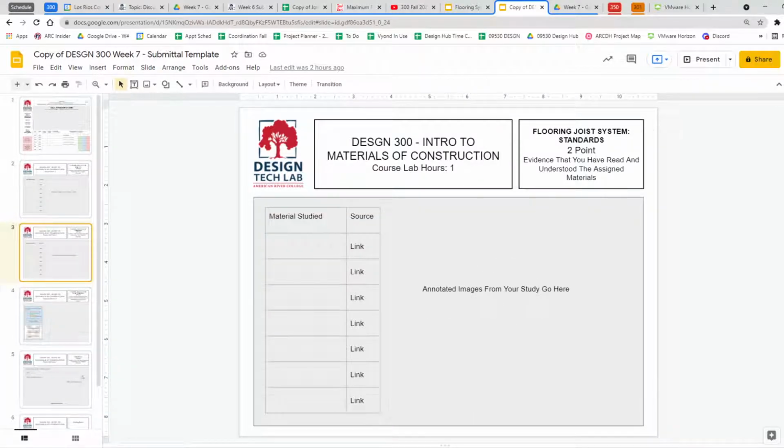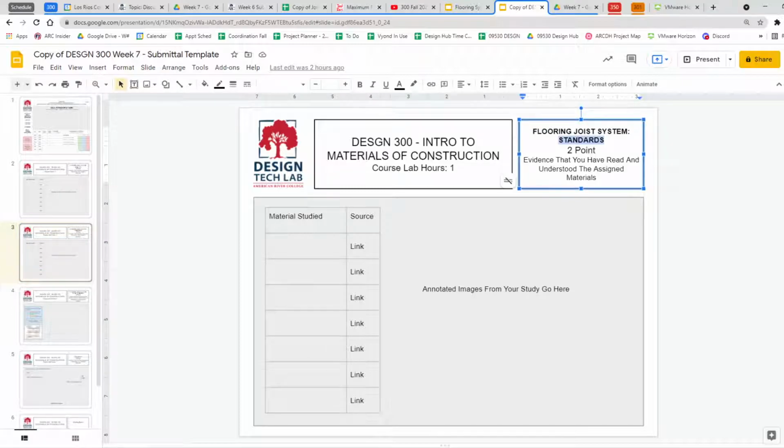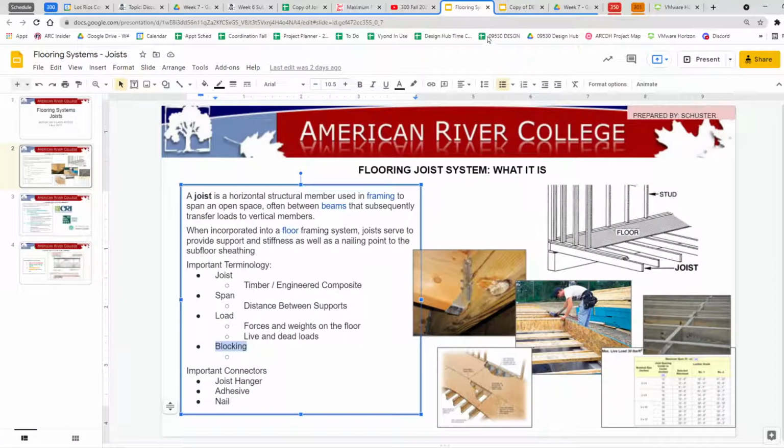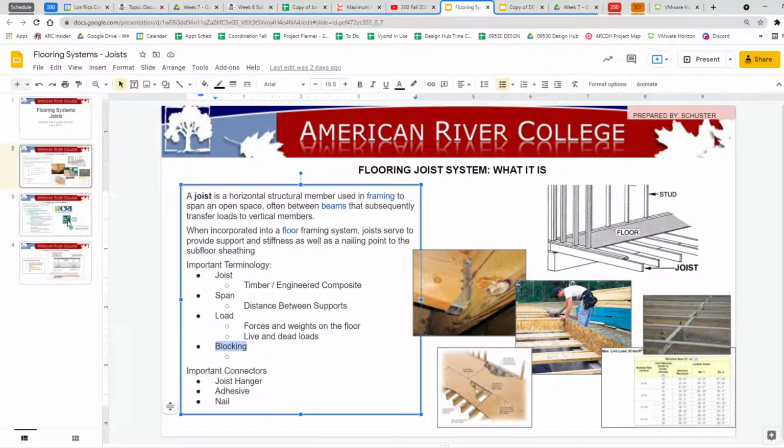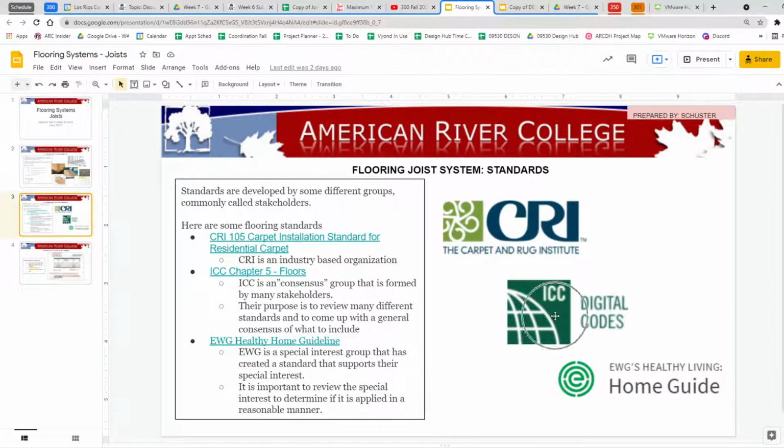And then the same thing about looking at the standards, and we'll talk about them a little bit so you have some places to go. But I want, again, more than just talking about these three standards.